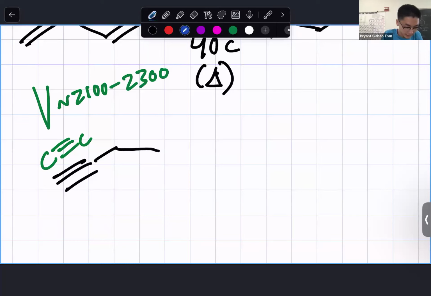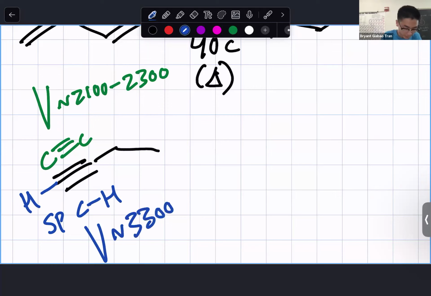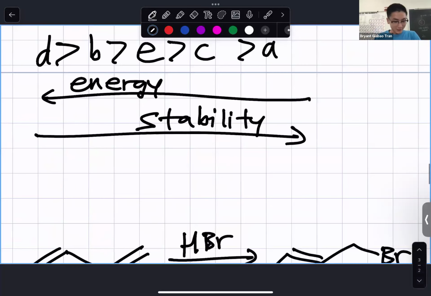It also has an sp carbon-hydrogen peak, which shows up as a sharp peak at around 3300. Right? Since this is asymmetrical, there's no negligible peak. So we have two diagnostic peaks, two peaks that tell us that this is a terminal alkyne.